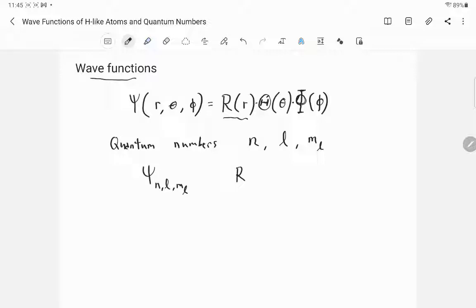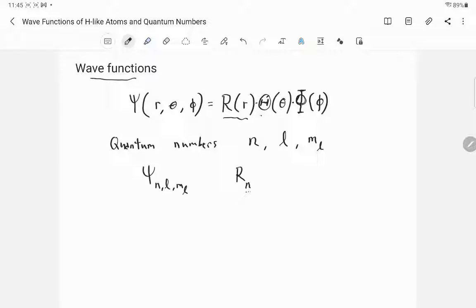The radial part of the wave function depends on just one of the quantum numbers. That is, the radial part gives us the n values, the principal quantum number.